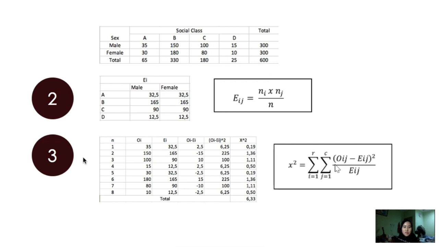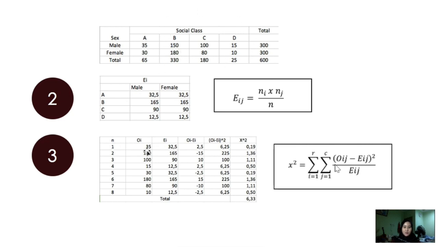So the third thing that we have to do is define it in this kind of table. So how do we define this into 8 columns? The first one is OI, to define this data.